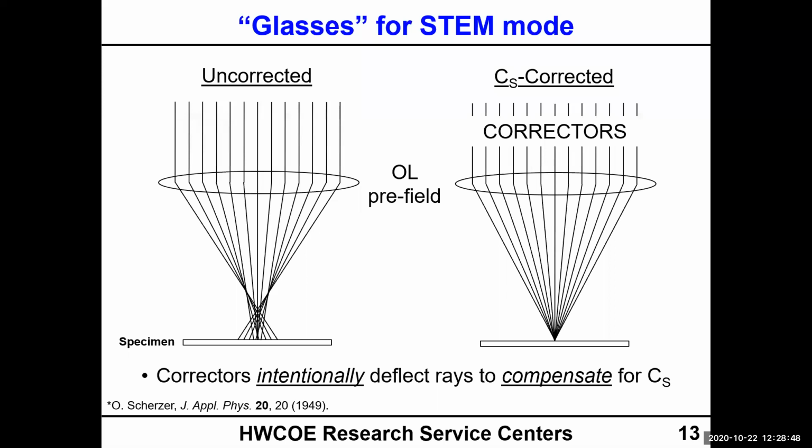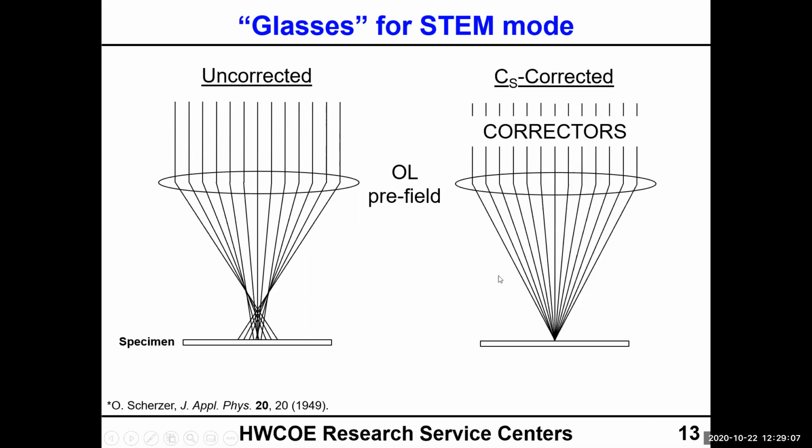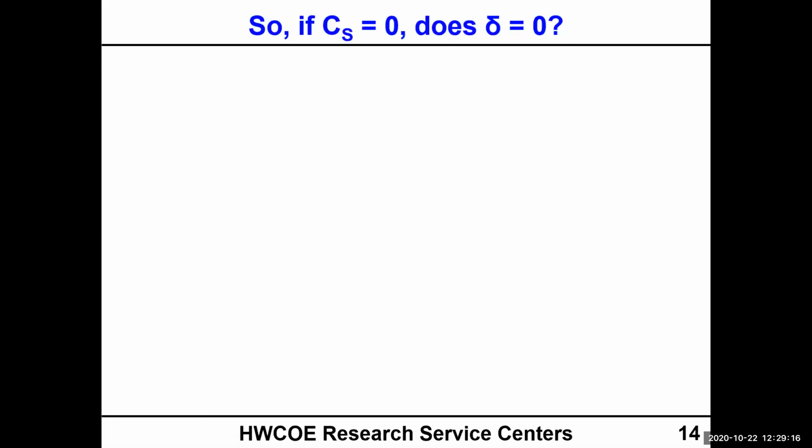Okay, so those correctors are basically, if I go back here, actually I can use this slide on the left here. If I know, for example, that this ray is going to be bent by a certain amount, I can use the corrector to basically compensate for that by pre-deflecting it to account for that. And then I can end up with something like this. Okay, so that's how CS correction works. We have to add hardware to the tool to do it.